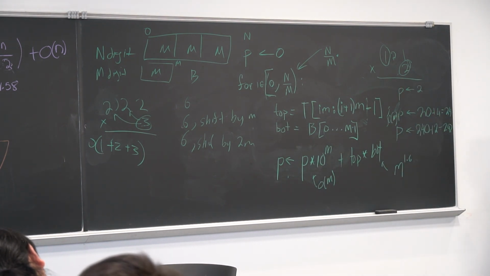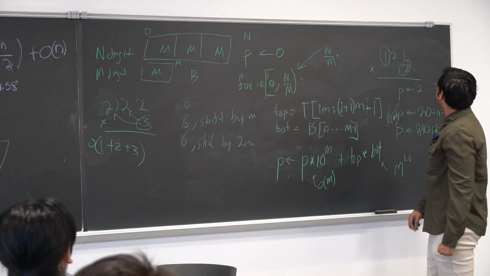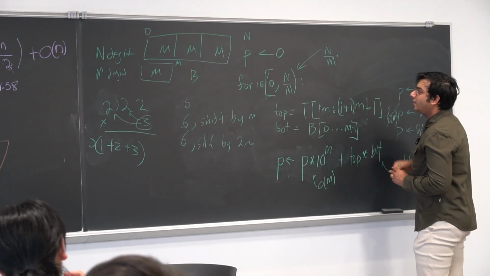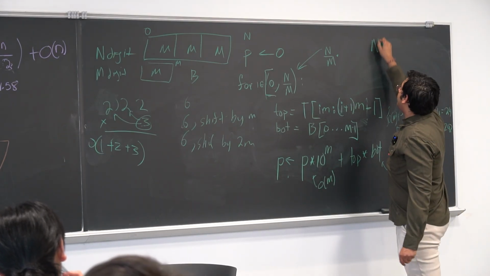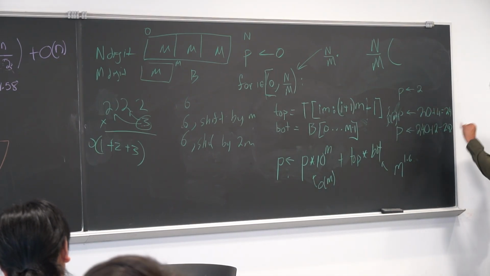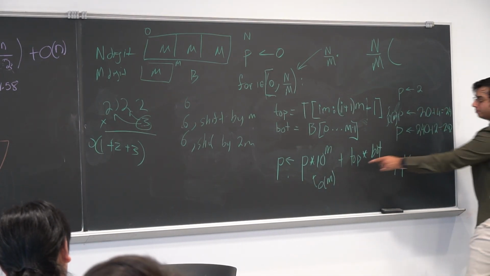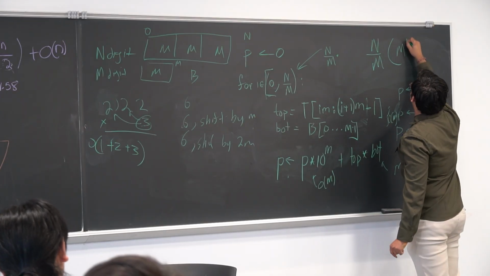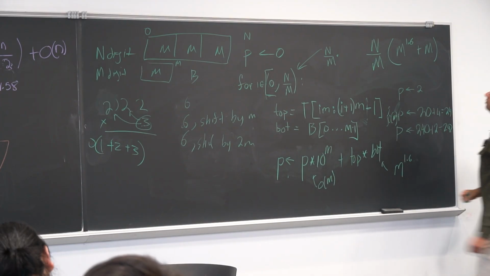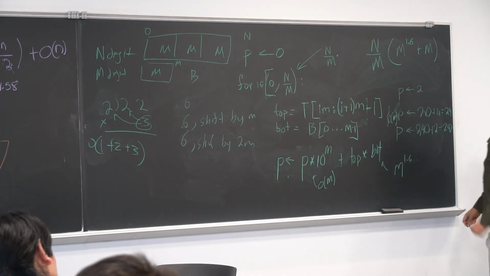Okay, so my total runtime here is going to be, for n over m times, the amount of work that I'm going to do is m to the 1.6 plus order m. If we multiply this out, what do we get?